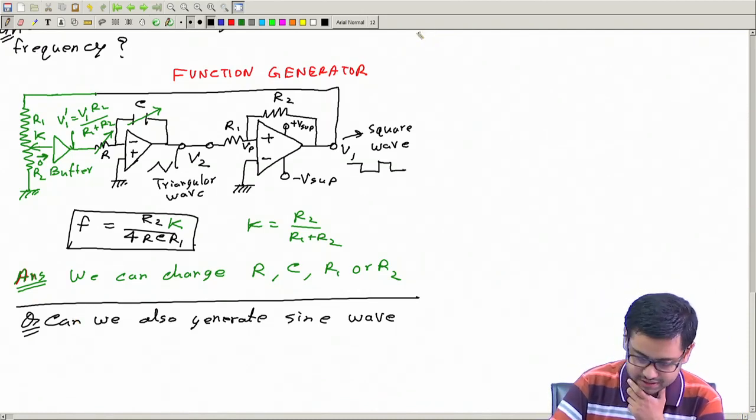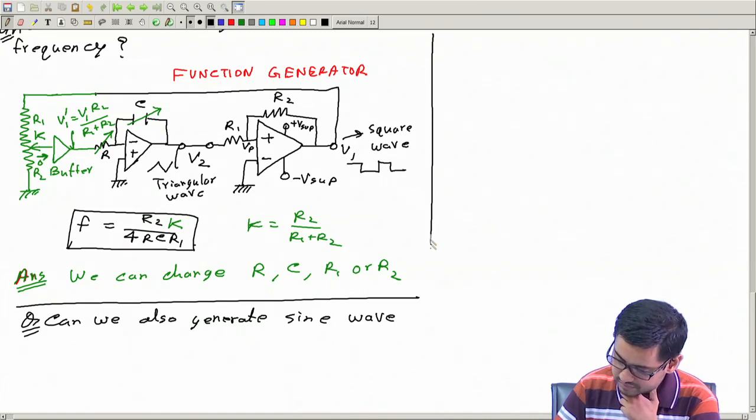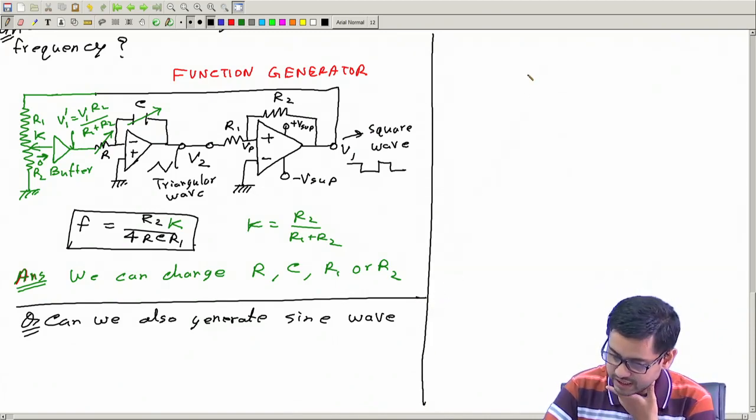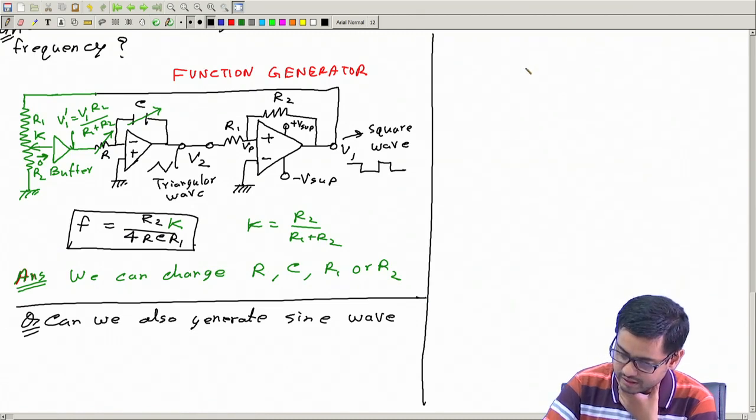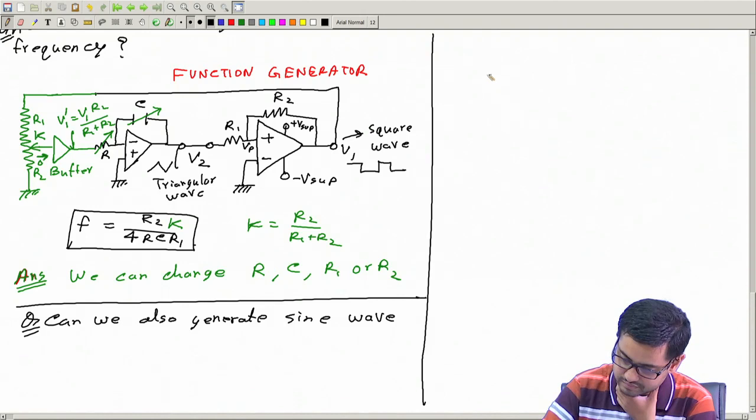So, for that, let us consider that I have a voltage and a potential divider.